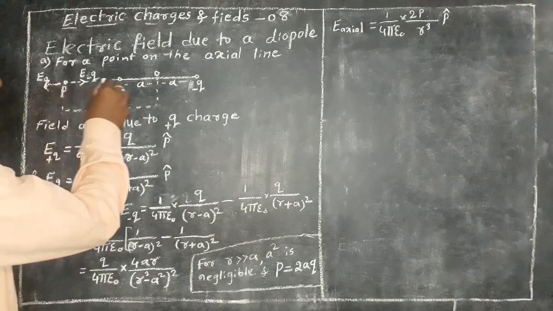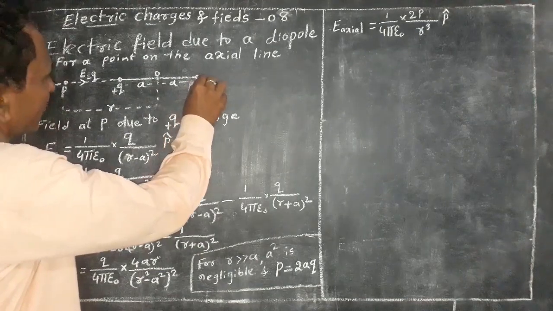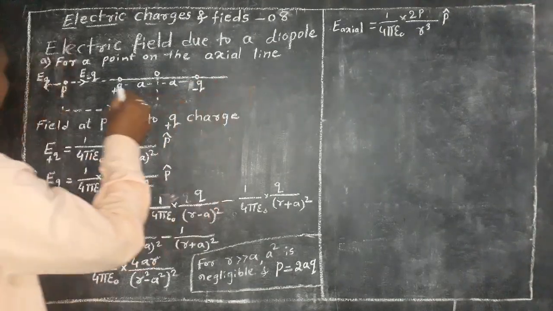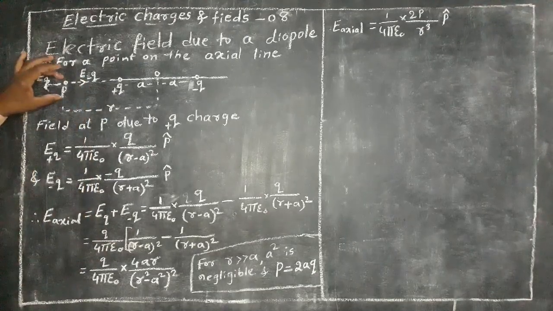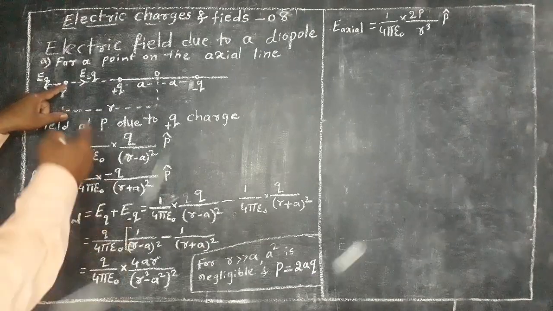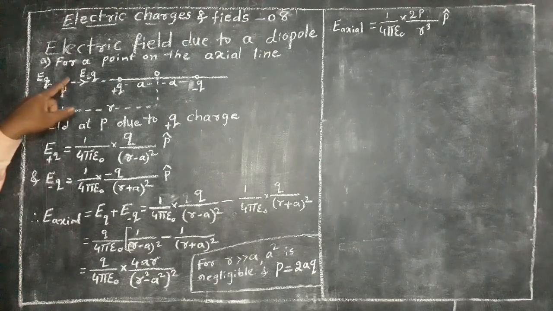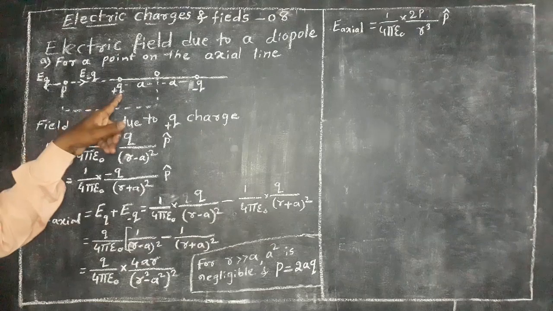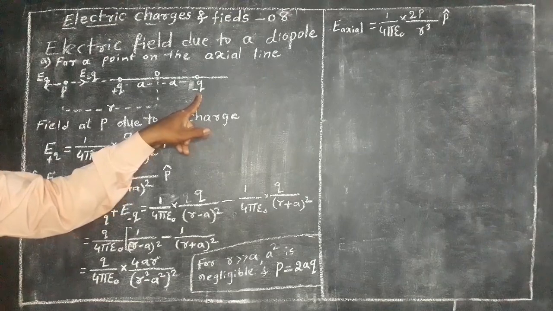A straight line passing through the poles of a dipole is called the axial line, and any point on this axis is called the end-on position. The electric field at the end-on position of a dipole is equal to the sum of the electric field due to the positive charge plus the electric field due to the negative charge.